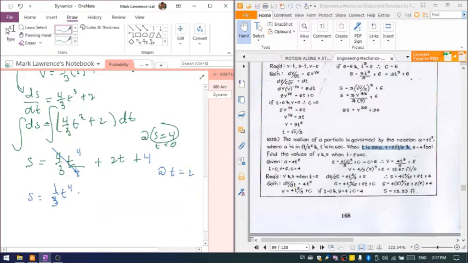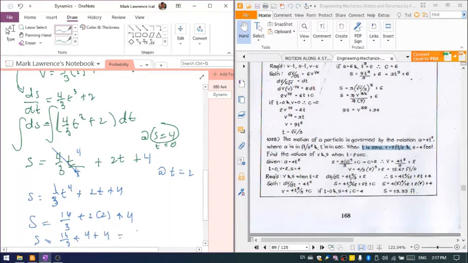t to the 4th plus 2t plus 4. So, we have s equals 2 to the 4th times 2, 4, 8, 16. So, 16 over 3 plus 2, 2 plus 4. s equals 16 over 3. So, we have 16 over 3 plus 4 plus 4.